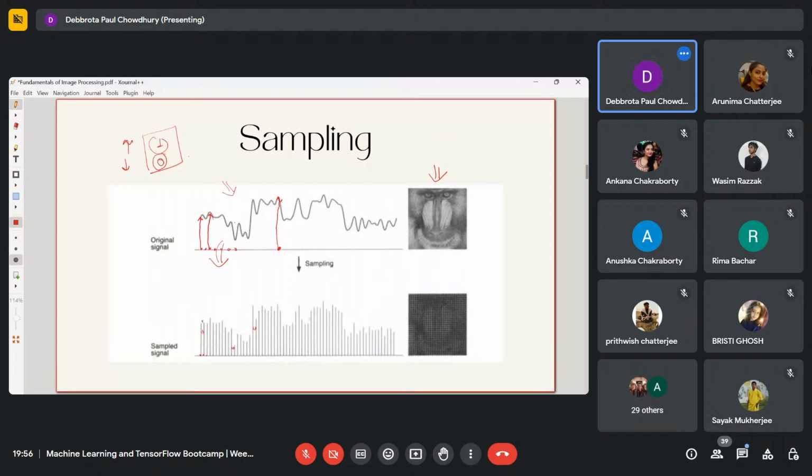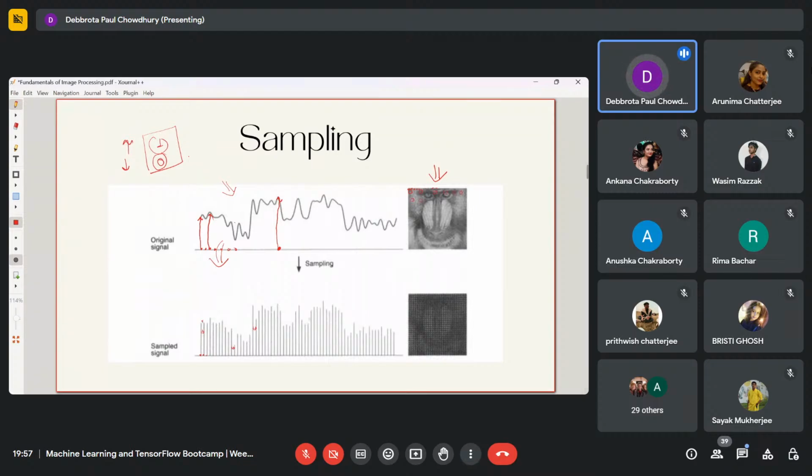Now if we try to find more samples, we'll get each and every point, if we get all the samples. But if we try to get a smaller number of samples, we'll get this value, this value, this. We are sampling like this.